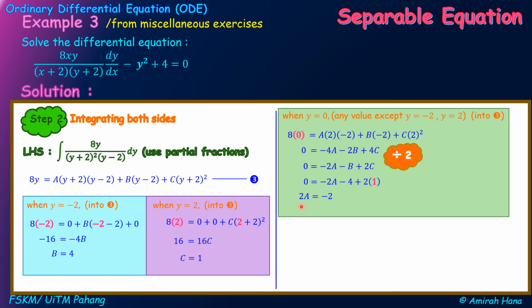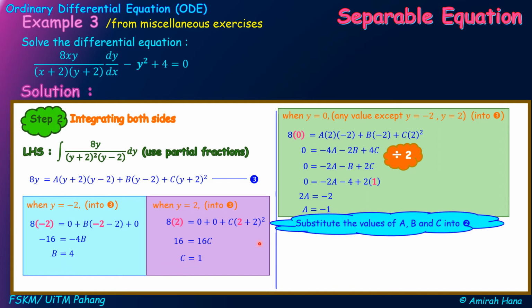So we have 2a equals negative 2 and a equals negative 1. Alright, after we find the values of a, b, and c, we substitute them into equation 2. Okay, we recall equation 2.